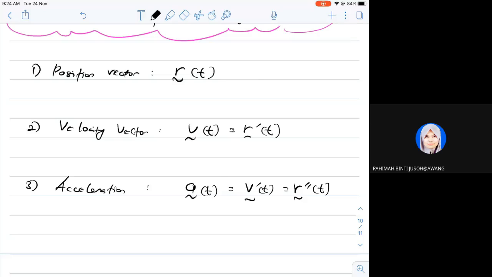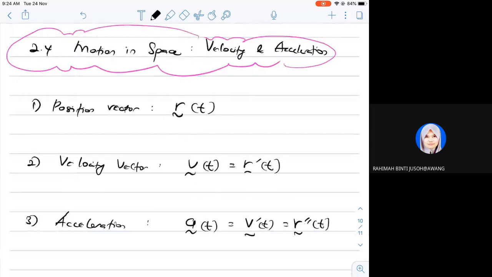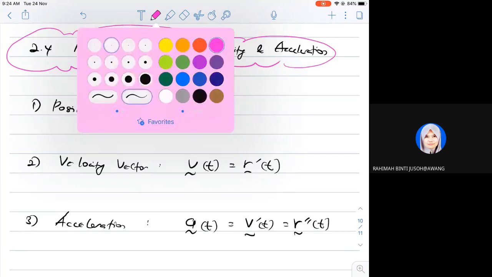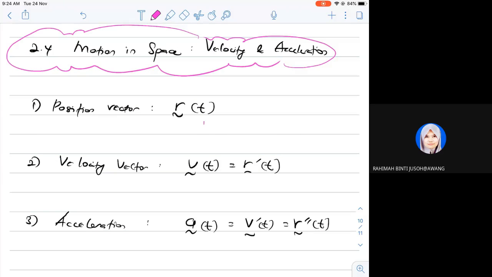Okay guys, so the flow from position vector until acceleration, the flow is from top to down. We have the differentiate process, okay, top to down, differentiate. However, from down to top, the process involved here, for example, in the question, you are given acceleration, okay?